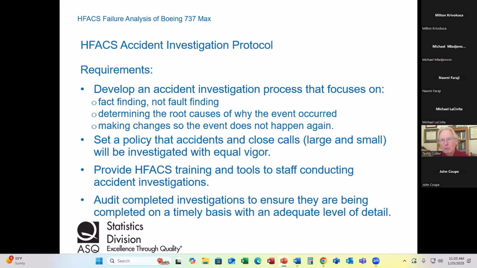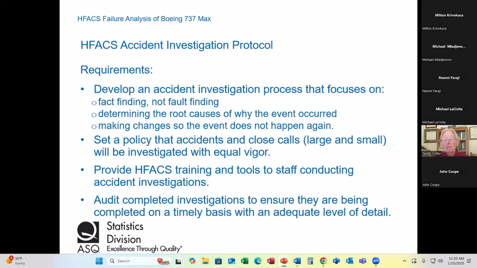So the requirements for the protocol: develop an accident investigation process that focuses on fact finding, not fault finding. The fault finding occurs when we assign the facts to the HFACS through the taxonomy, determining the root causes of why the event occurred, and making changes so the event does not happen again.